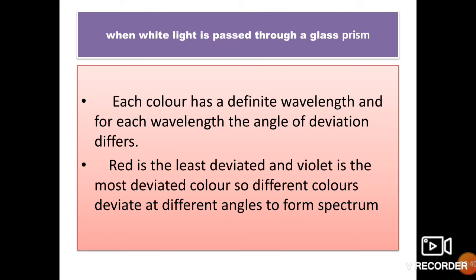Red is the least deviated and violet is the most deviated color. So different colors deviate at different angles to form the spectrum. What is spectrum? The band of 7 colors formed due to dispersion of white light is called spectrum.